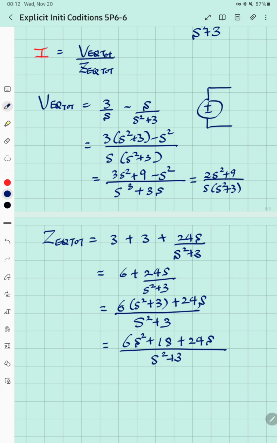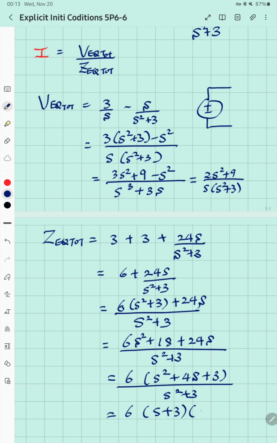So it will be nice to pull these out and put it together. That will be 6 times s squared plus 4s plus 3 over s squared plus 3. This can be further reduced down to s plus 3 times s plus 1 over s squared plus 3. That would be Z equivalent total.